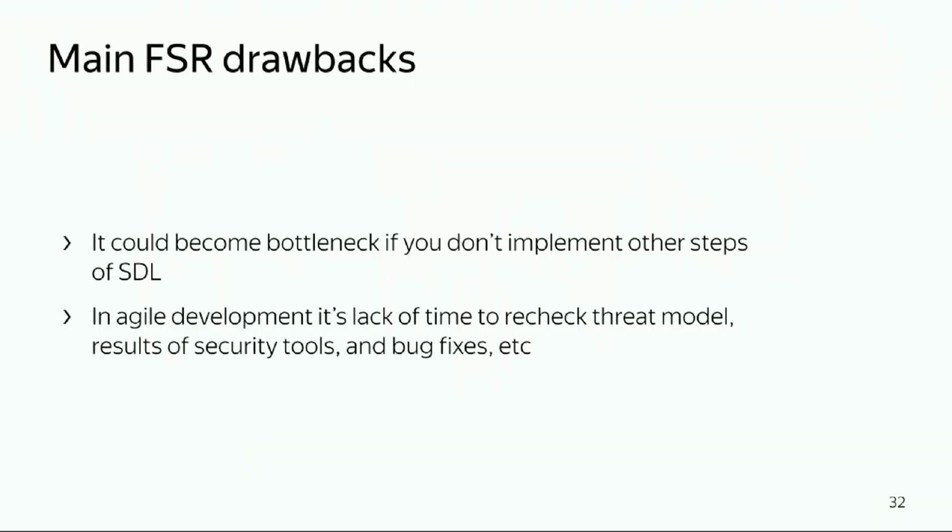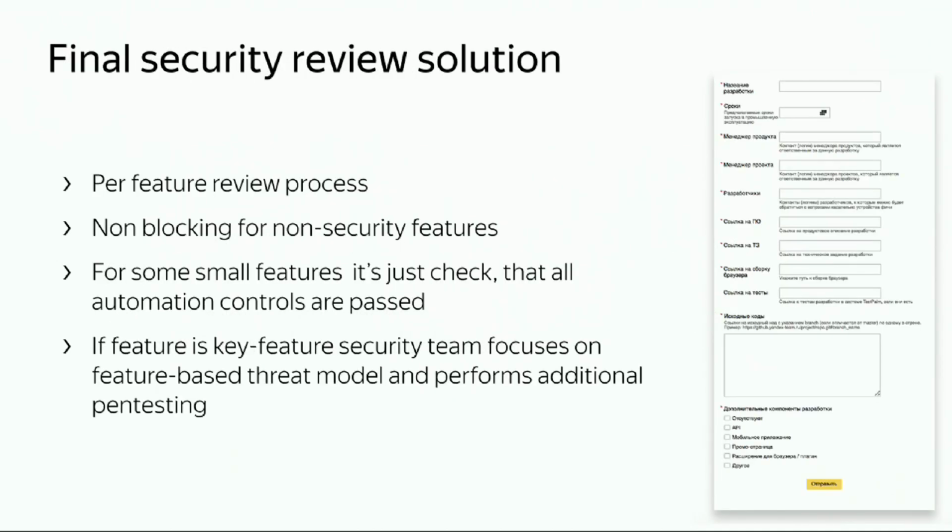Of course, in agile development, it's very hard to use because it could create bottlenecks. But we created automation for this process. First of all, this process is not blocking for non-security features or for little features. Also, we have a special form.